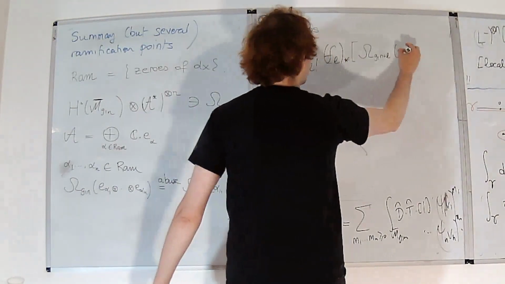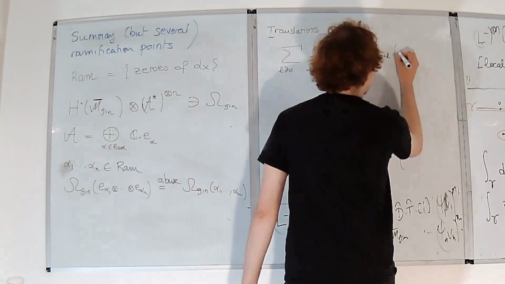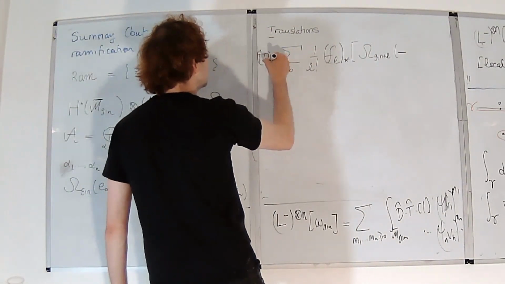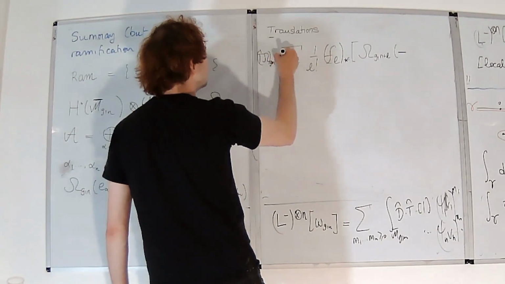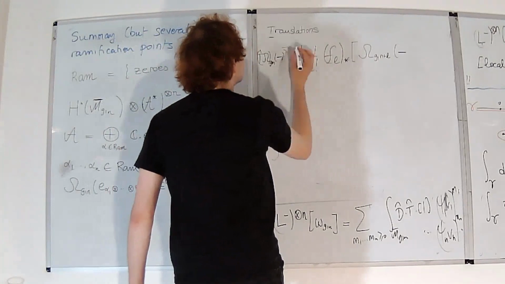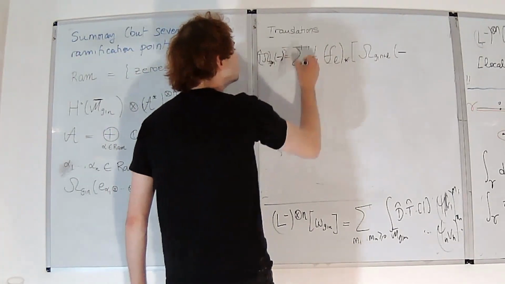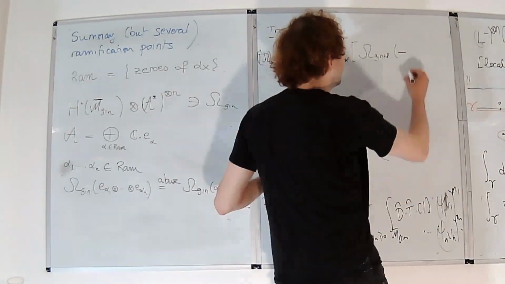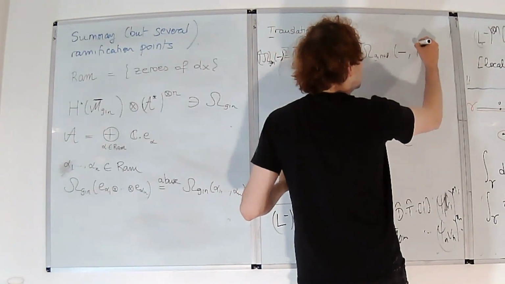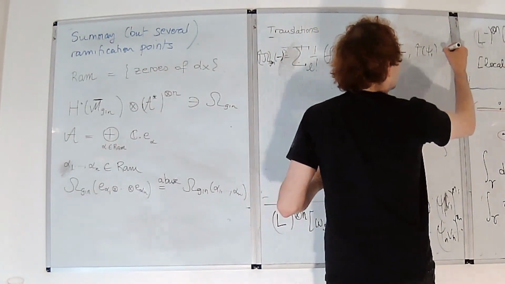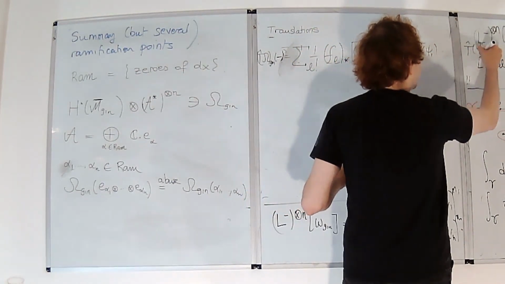But then, for that to be a class, you need to insert some vectors. So T hat, omega g,n, you need to insert n vectors. So they are here, but then you have L. So before, what I was plotting was T hat of psi 1, etc., T hat of psi n.